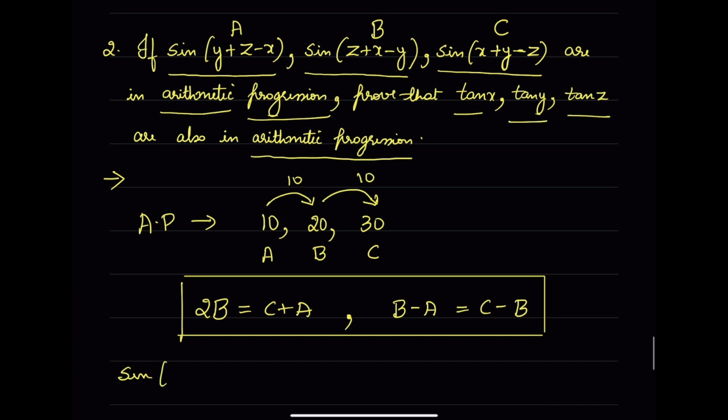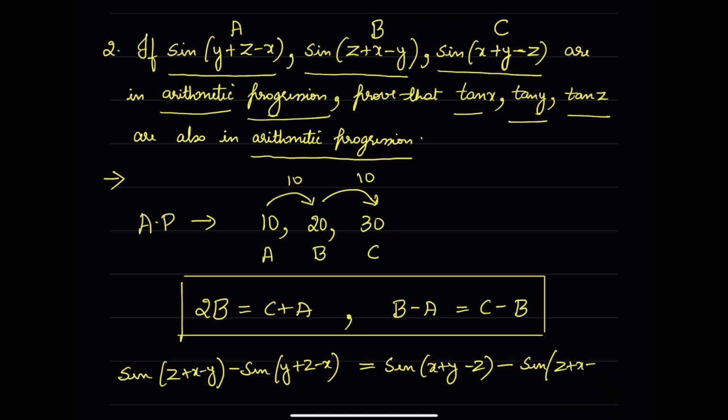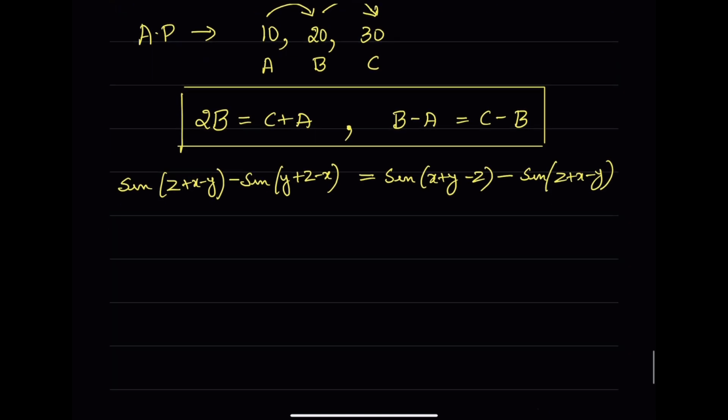So B minus A will be sine of z plus x minus y minus sine of y plus z minus x, is equal to C minus B, which is sine of x plus y minus z minus sine of z plus x minus y.